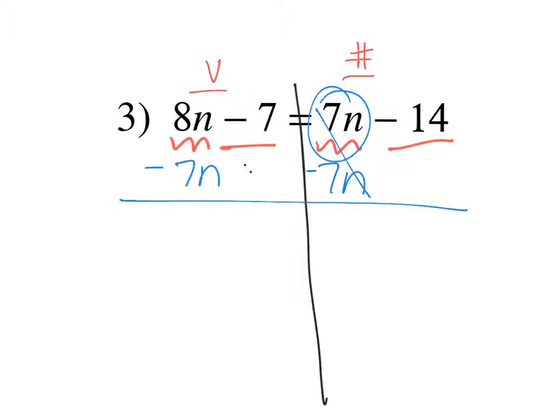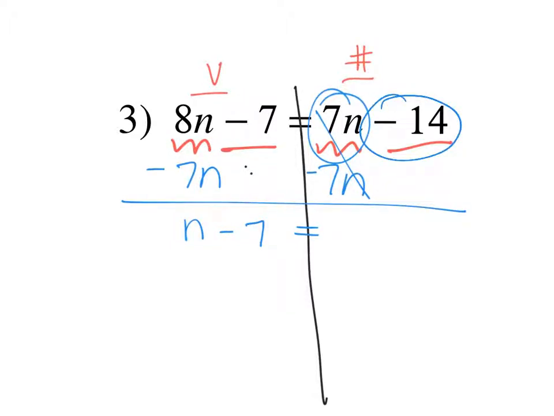Remember, I can only subtract n's from n's and numbers from numbers with my adding and subtracting. So that leaves me with 8 take away 7. That's just 1n minus 7. Remember, there's technically the imaginary 1 here, but I'm not going to include that. Equals, my n's canceled, and I'm left with my -14.